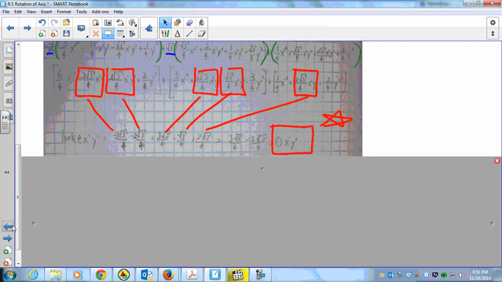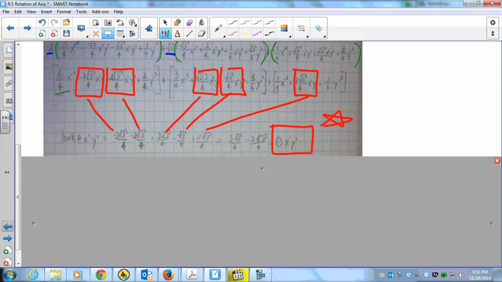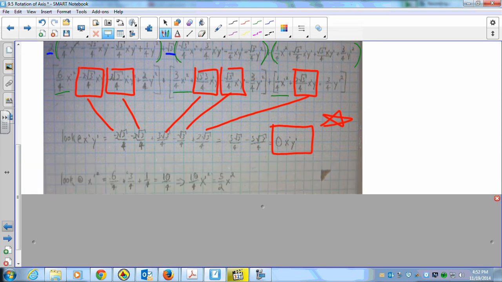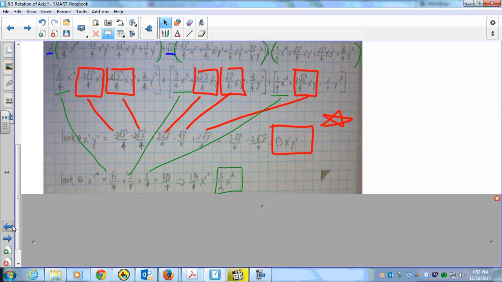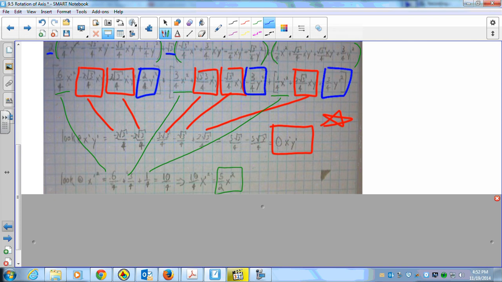So then what we're able to do is group our other terms together. So I'm going to get my x terms. And what do I get? I get 6/4 plus 3/4 plus 3/4 plus 1/4 is 10/4. And then I simplify that and I see that I have 5 over 2 x prime squared. The last thing I want to do is group my y terms. So there's one y term, there's my other y term, and this y term.